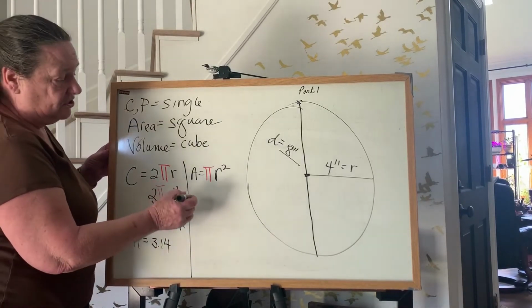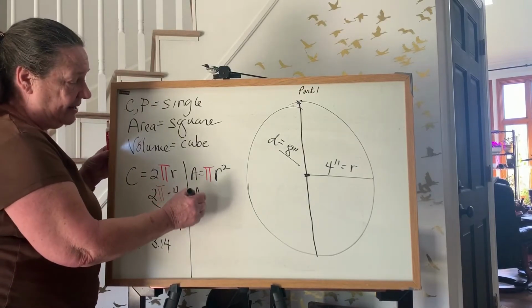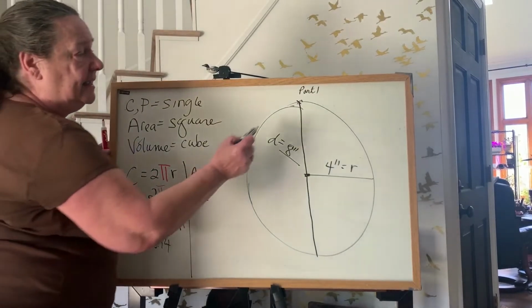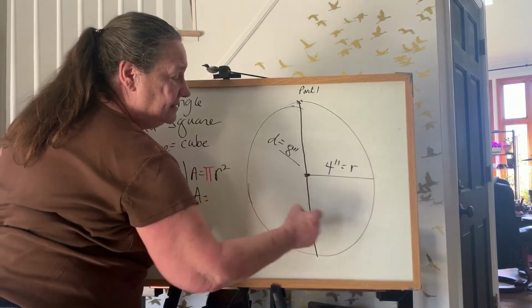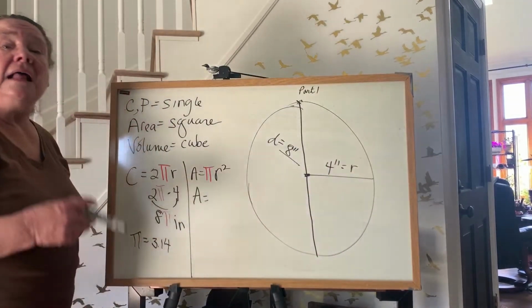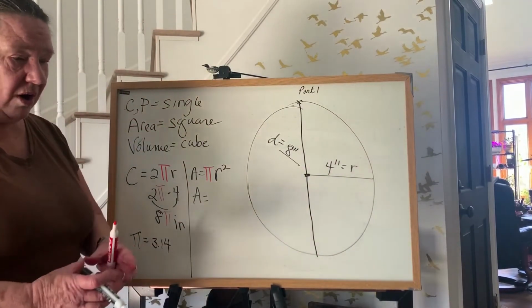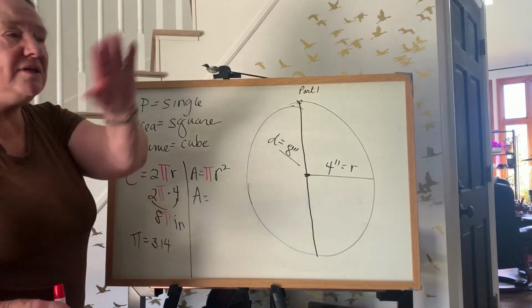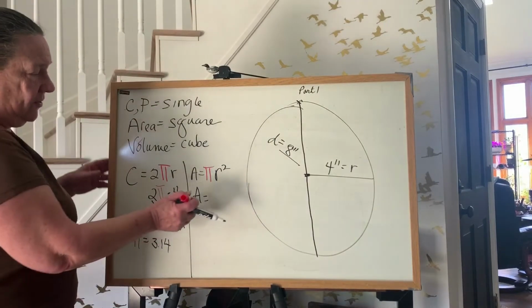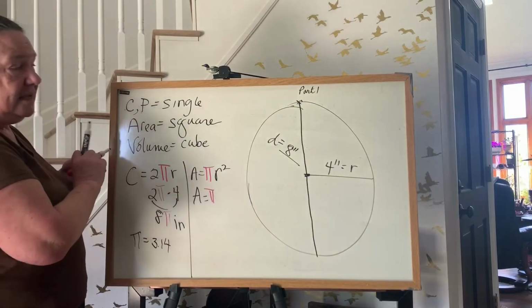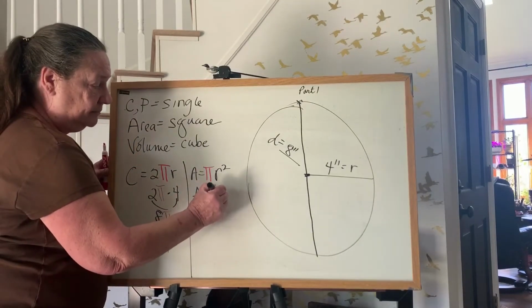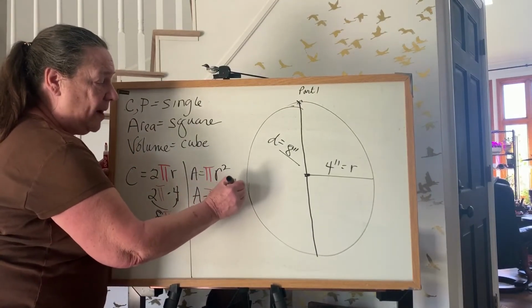All right, so here I'm going to find the area. The area is the inside, okay? Everything inside, like a pizza or a cookie, okay? It's the inside. So it's pi times r squared.